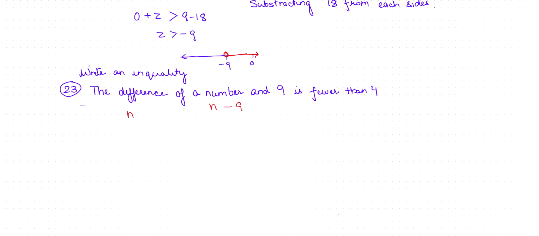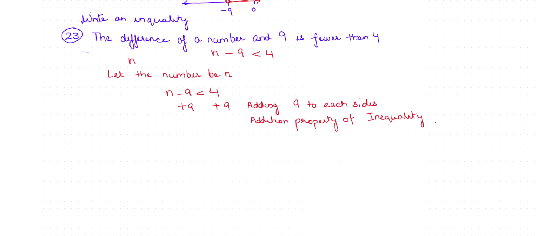So this is an inequality. Adding 9 to both sides because we want the variable on the left and numbers on the right, this gives n plus 0 because negative 9 plus 9 is 0, and this is 13. So n is less than 13. This is the solution.